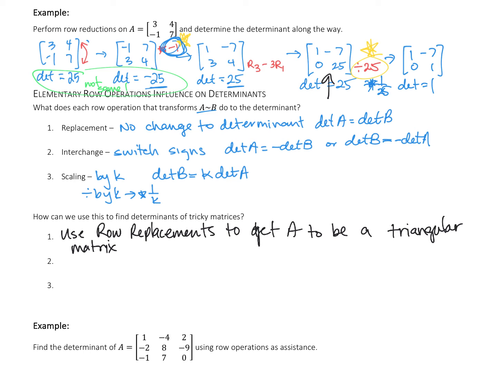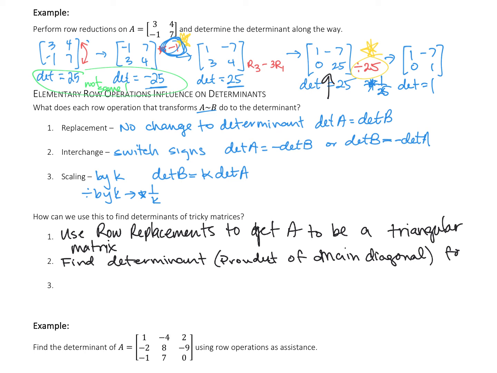And then I'm going to find the determinant of that triangular matrix. That's the product of the main diagonal for the triangular matrix.